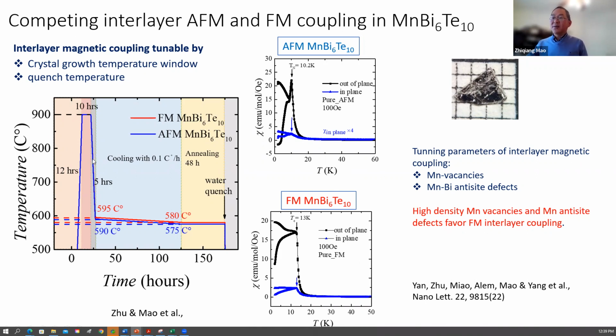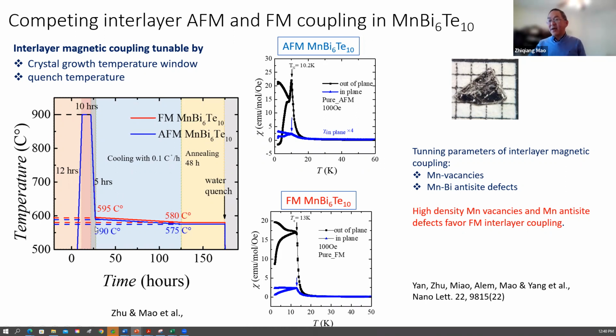Here, this diagram shows the growth conditions. The difference in growth conditions is very small. The major difference is the growth temperature window. The AFM phase is grown in the window from 595 degrees to 580 degrees, so the crystal is grown in this temperature range, and the quenching temperature is 580.